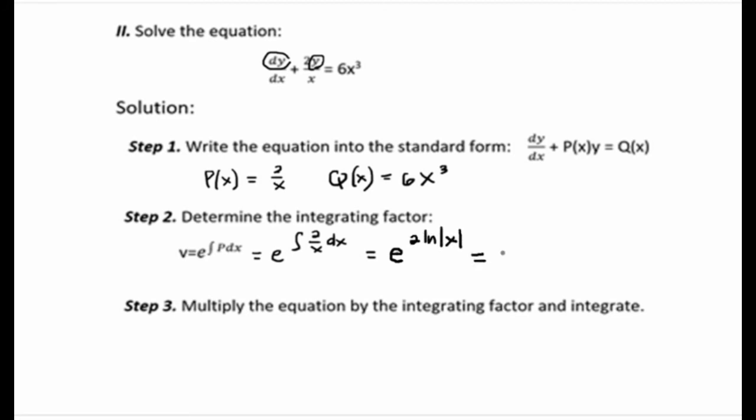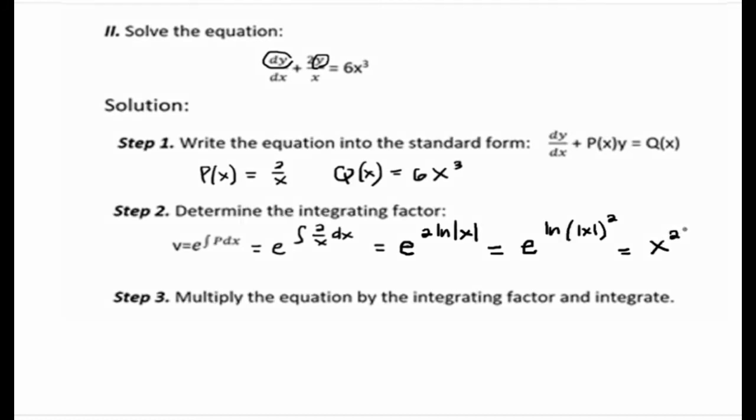Then simplify the exponent, that is e, using the ln property. This is expressed as e raised to ln of x squared. And finally, this is equivalent to x squared.